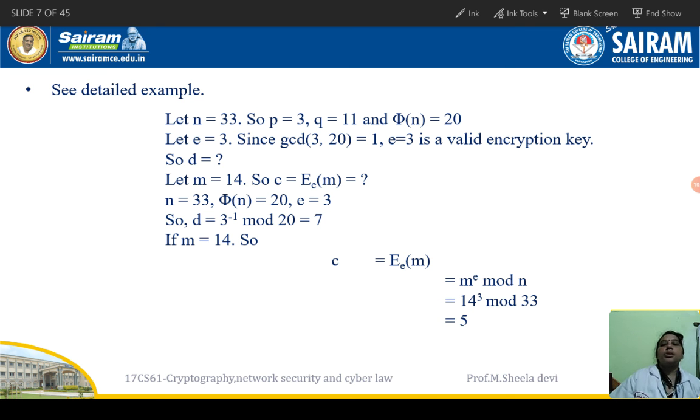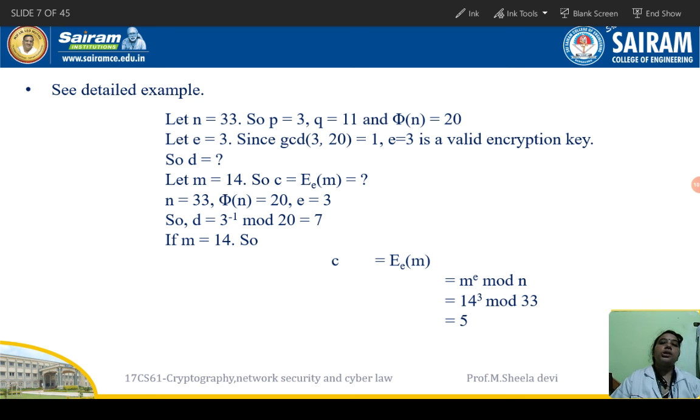Then the second step is we have to select the e value such that GCD of e comma phi of n is equal to 1. That was the condition. So we have selected e such that GCD of e comma 20 is equal to 1, and here we have selected the value of e as 3. Next, we have to select the d value.